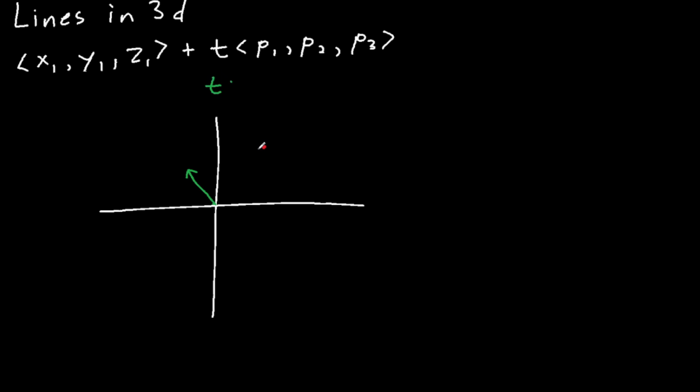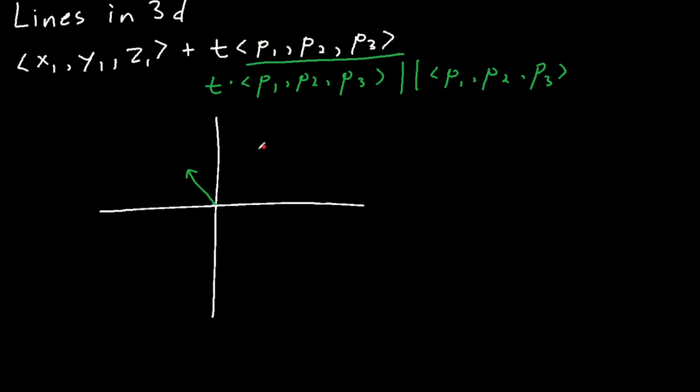So t times p1, p2, and p3 is still parallel to the base p1, p2, and p3. So they're all still parallel whenever you multiply t by this vector right here.